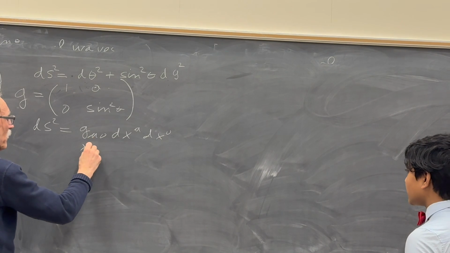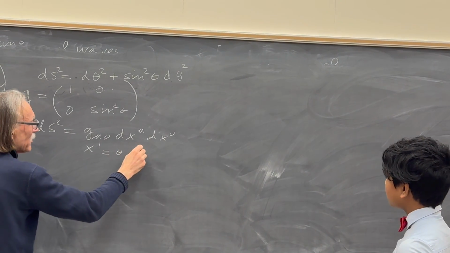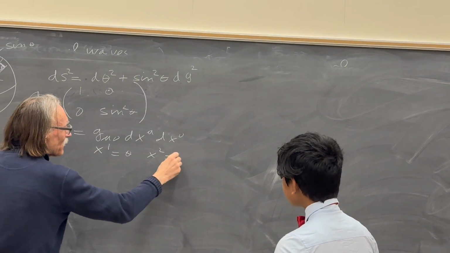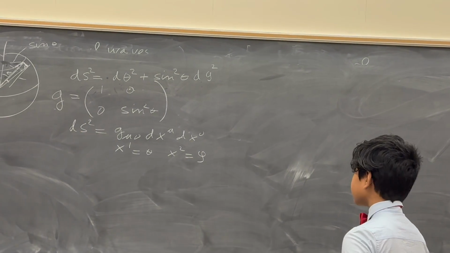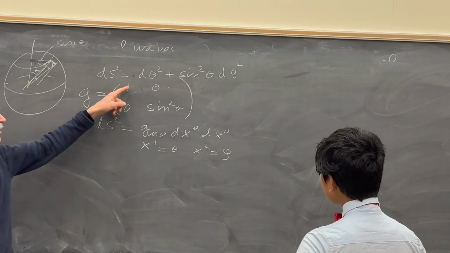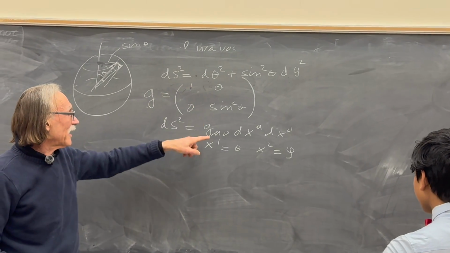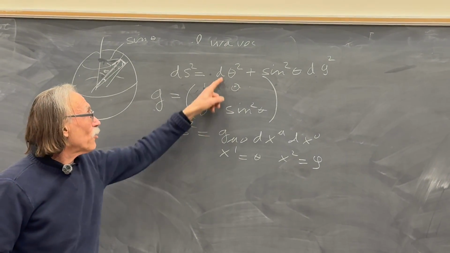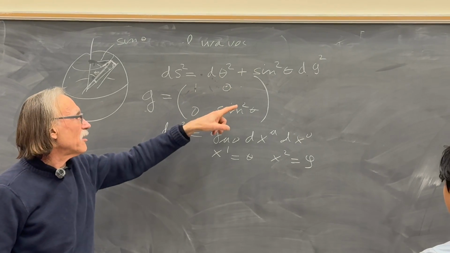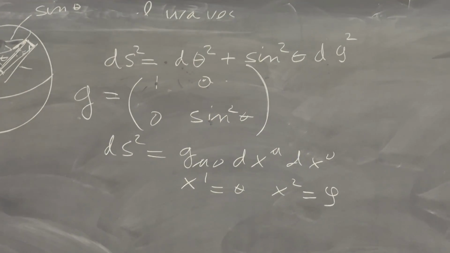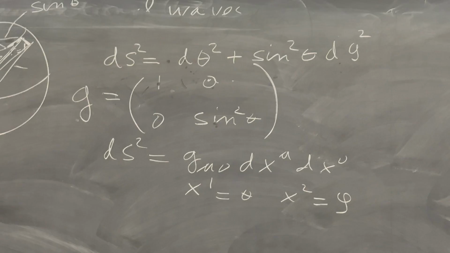We have x1 is theta and x2 is phi, these are our two coordinates. So this is the theta component, that is 1. There are no mixed ones, d theta d phi, and this is the d phi component.